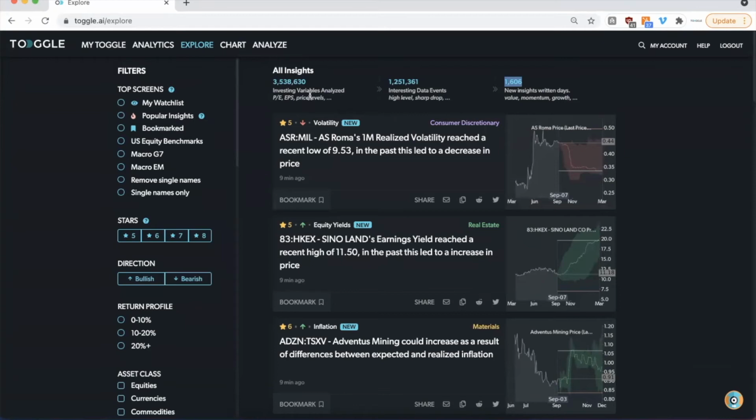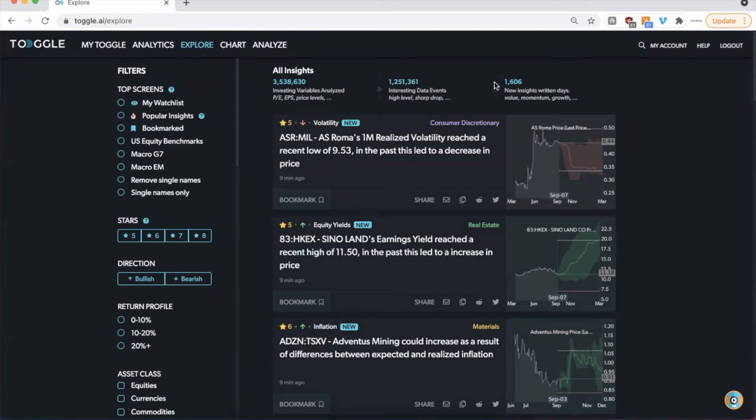These data points are everything from PE, EPS, price level, and other fundamental technical indicators of an asset. And then using those different data points, Toggle studies history to see, okay, is there a gap or an arbitrage opportunity here? A high level, sharp drop, something oversold, something overbought.